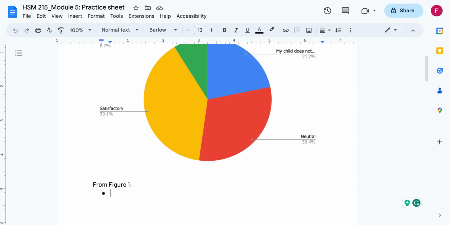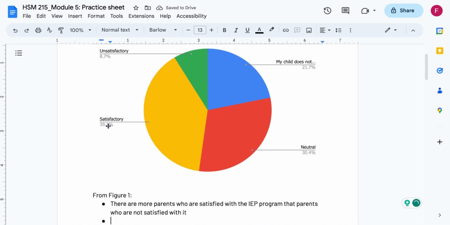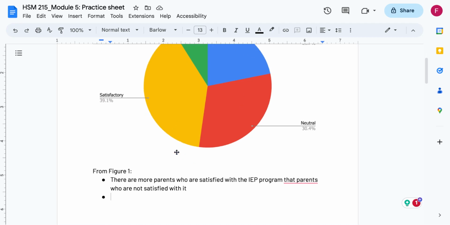So we can say there are more parents who are satisfied with the IEP program than parents who are not satisfied with it, because that's the information we can clearly see, because it says 39.1% and it says 8.7%.